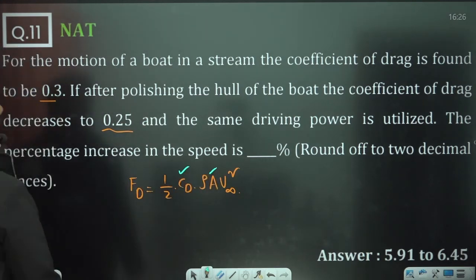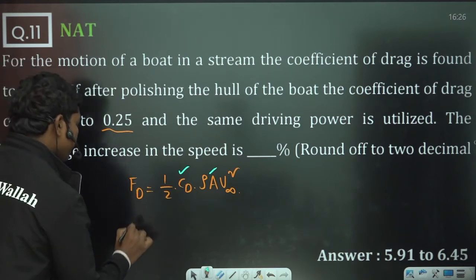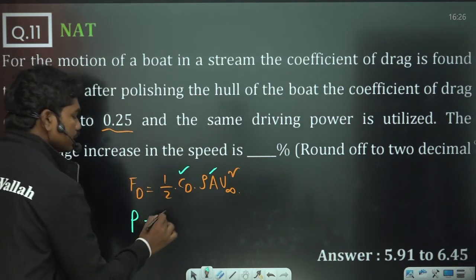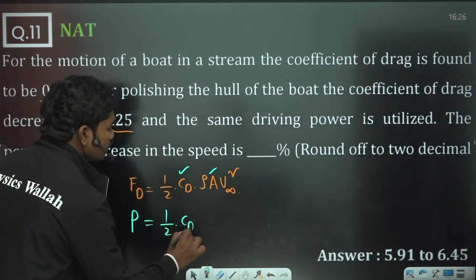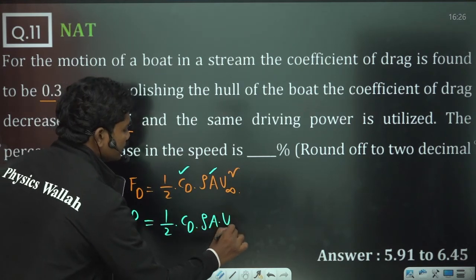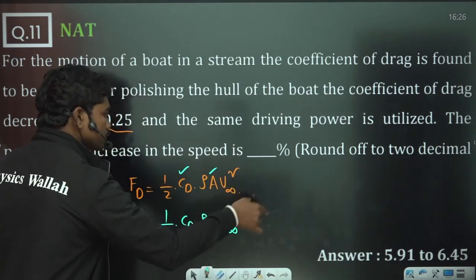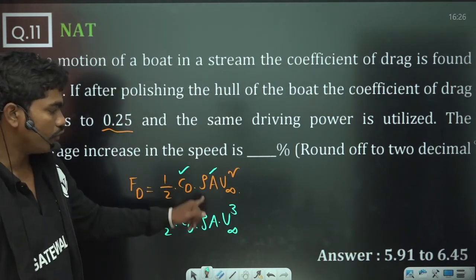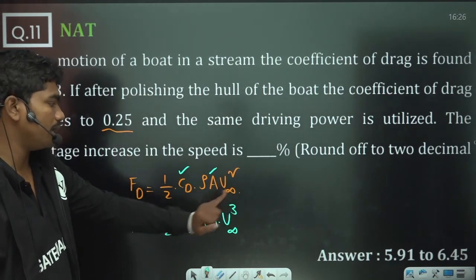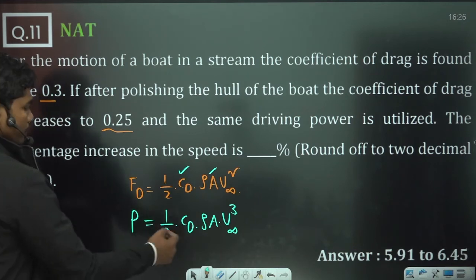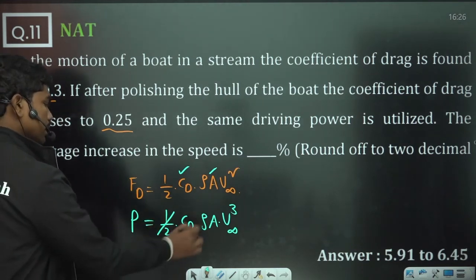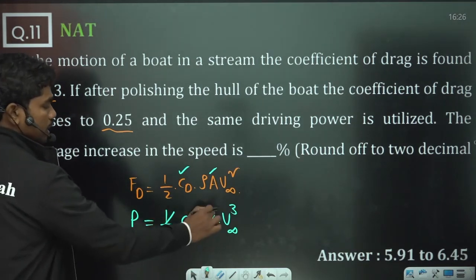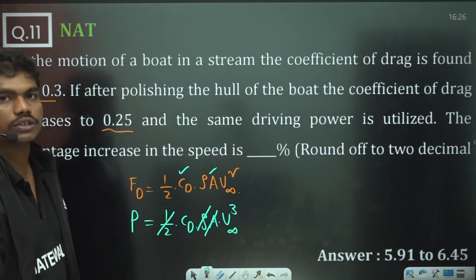This is the drag force, but the driving power utilized in drag is equal to half C_D rho A u infinity square into the motion of the boat, one more u infinity, so total u infinity cube. Because power is equal to force into velocity. Out of these quantities, the half is a constant, density of the water is constant, and area of the boat is also constant. It is just polished.